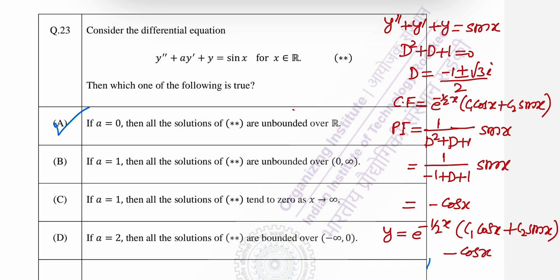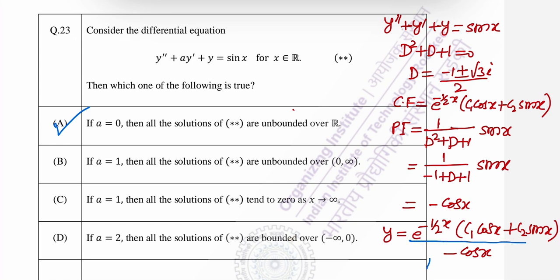Now let us see option B. Option B says that the solution is unbounded for the interval 0 to infinity. So if you tend x to infinity, let us see the two parts of the solution.